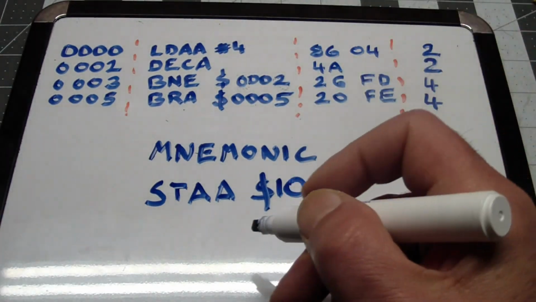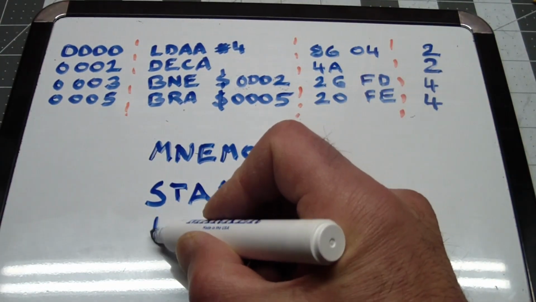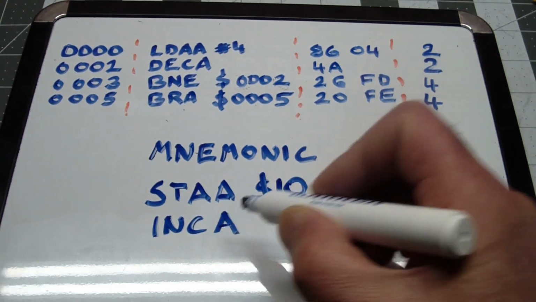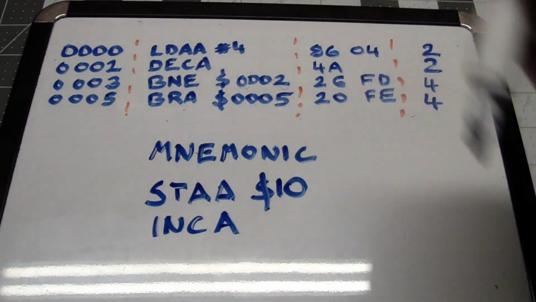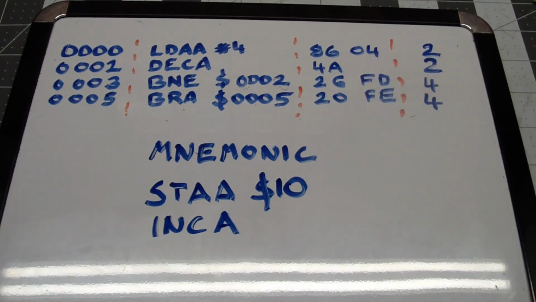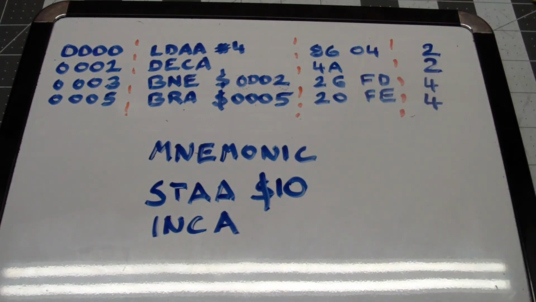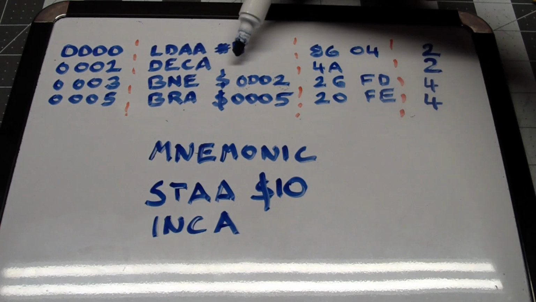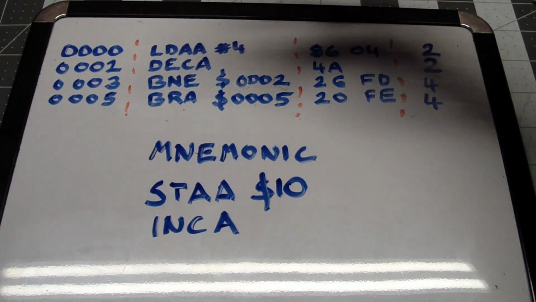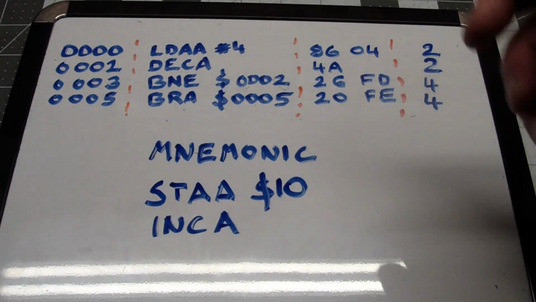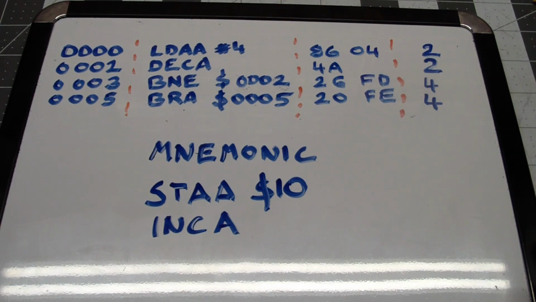The opposite of decrement A, of course, is increment A. There's a whole bunch of branch instructions that all take their cue from the condition code registers. So you don't have to compare numbers or anything like that, but most of these instructions set the condition codes so you can take a conditional jump right after you perform them. And of course the other thing is we have a bunch of other registers in here.